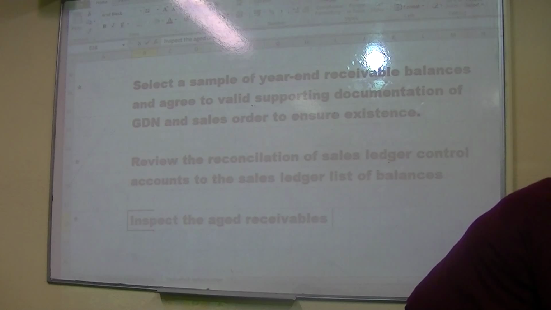Okay, inspect the aged receivables report to identify any slow-moving balances.